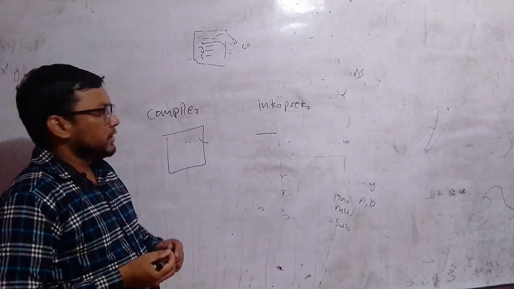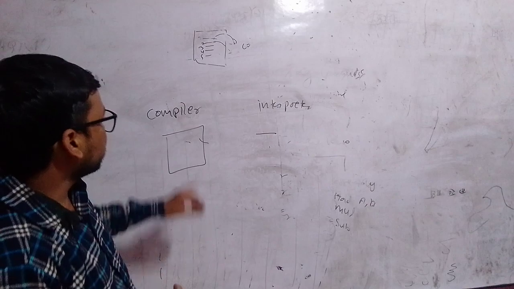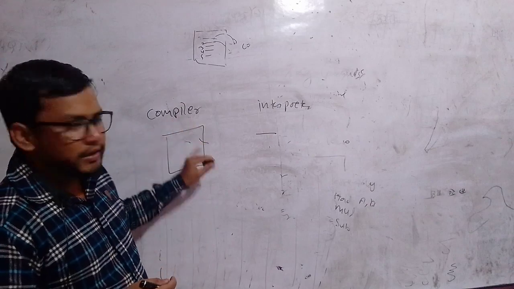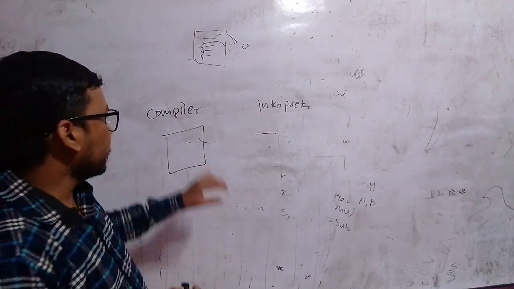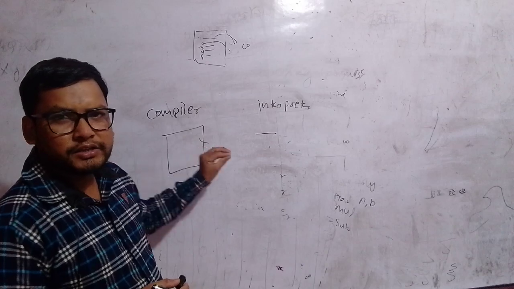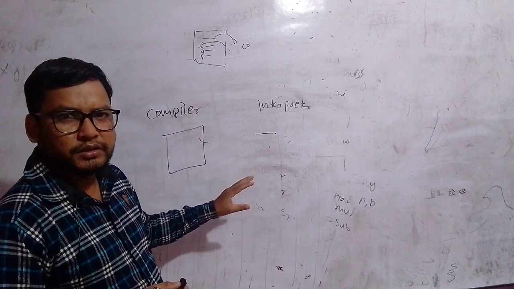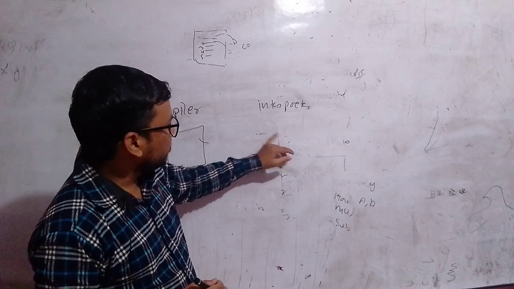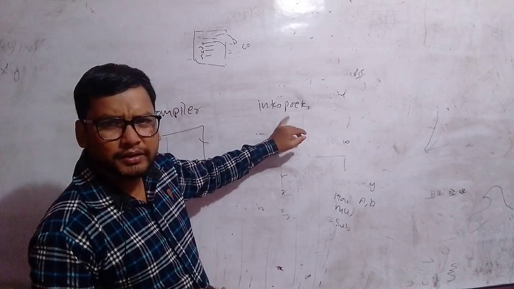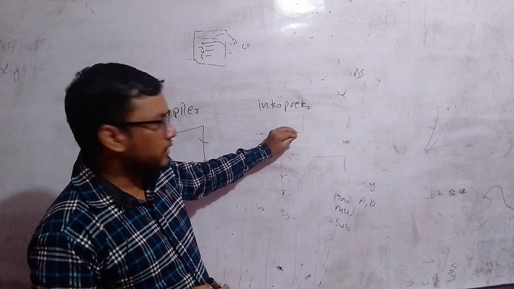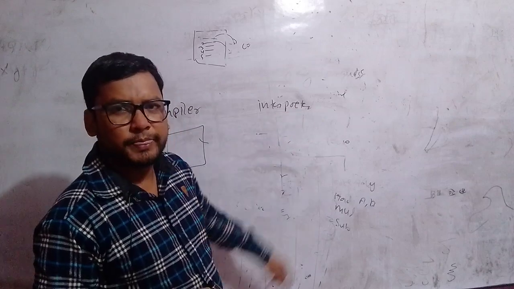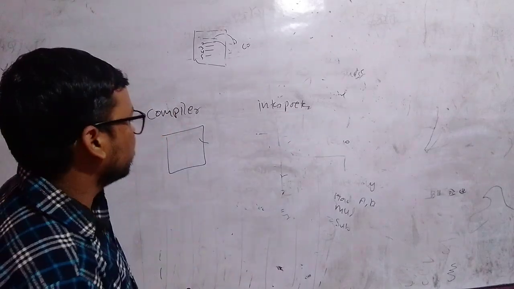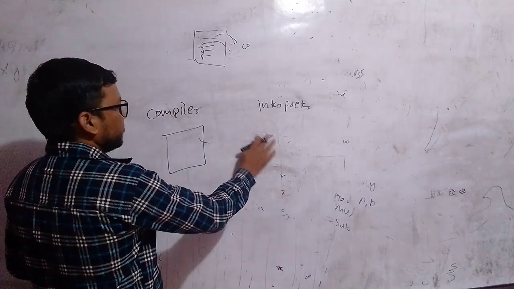Now error detection. If the compiler finds an error in the program, then it stops the execution. The code will not be executed. In another case, for the interpreter, if the interpreter finds an error, then it will go on and execute the next line of code.